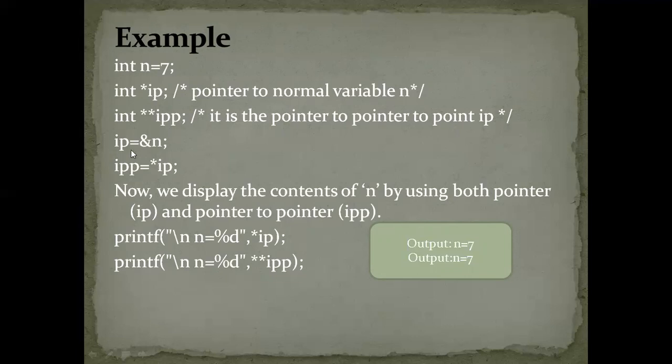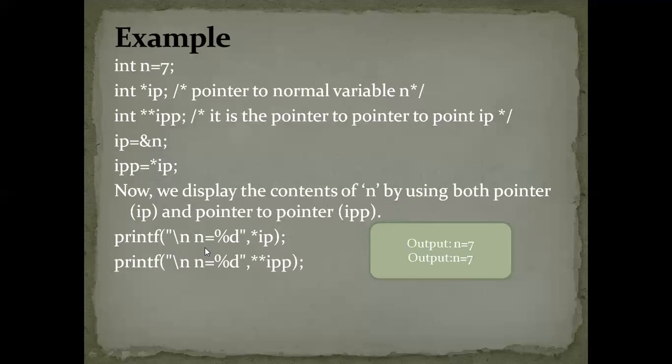IP contains the address of n, but IPP contains the address of this pointer. Are you getting it? Don't get confused. IP contains what? Address of n. IPP contains what? Address of the pointer IP. Now we display the contents of n by using both the pointer IP and the pointer to pointer IPP.